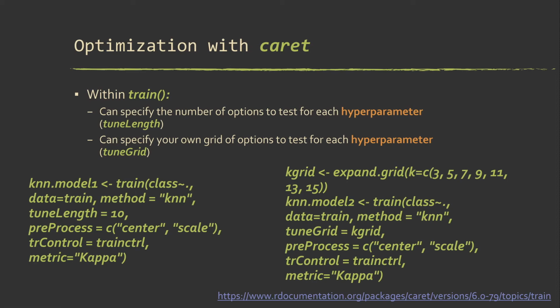With tuneLength, you basically tell it to test X number of values, and it picks them itself. I generally just use tuneLength, and I get decent results, and I don't worry too much about it. But if I'm doing research or I want to be very specific about what I'm testing, then I'll set up a tuneGrid and do it that way, because it's a little bit easier to define and it's clear what's going on.